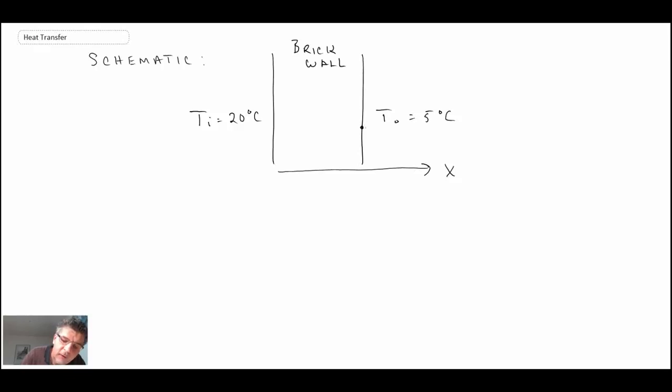And we were told the inner and outer temperatures. So what we're going to assume is that that is measured by a thermocouple or some other mechanism right on the wall. We were told the width of the wall was 30 centimeters. Thermal conductivity was k, and what we're after is this rate of heat transfer coming through the wall.